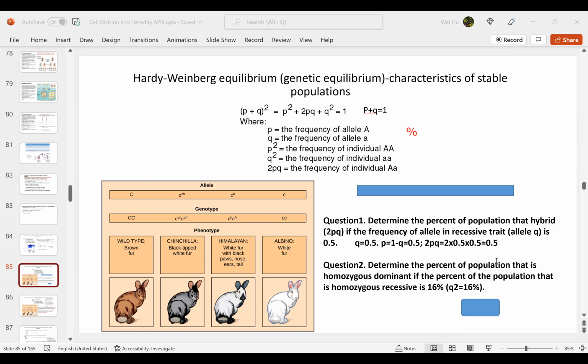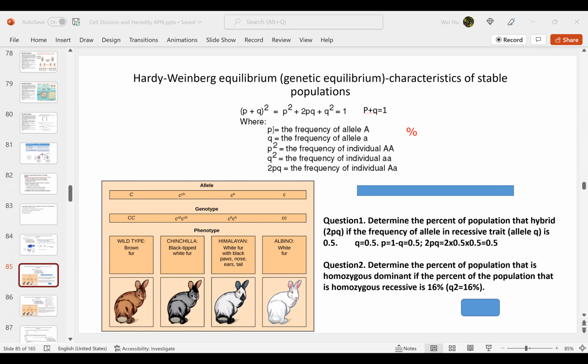So let's go to another one. Determine the percent of the population that is homozygous dominant. They ask you for big P, correct? Or P squared? You have to understand that P and P squared are different.